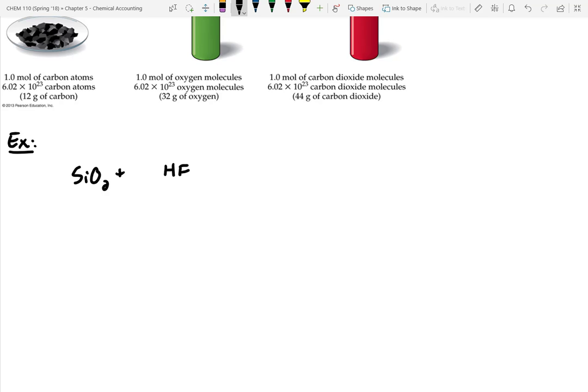So if you remember in Breaking Bad, they put hydrofluoric acid in a bathtub and it starts eating away. That's this reaction. Pretty gross. They make silicon tetrafluoride plus water. The reality is that show embellished a lot. I don't think it would eat through a bathtub like that.